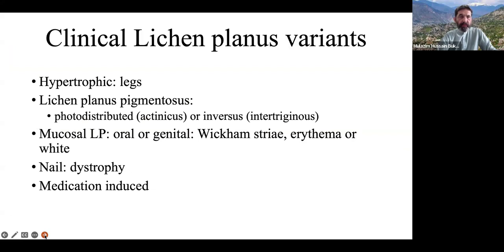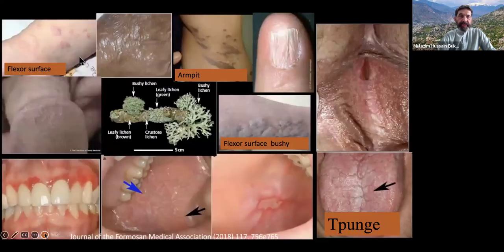Clinically, the background stria is very important, across the different variants, from the flexor surface to the scalp, the armpit and the nails. It is usually missed, and some people say that this is a fungus.